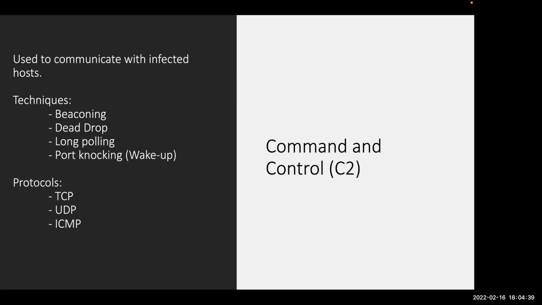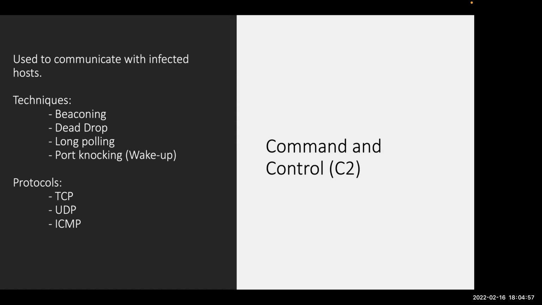I'm ready to receive them and execute them. This also gives the C2 information about the target, like what kind of operating system it's using, the CPU, the architecture, the memory, and more.